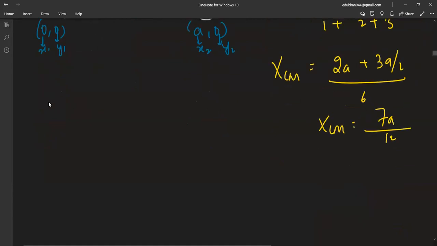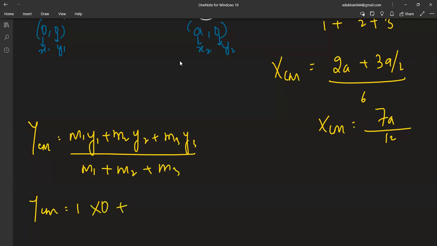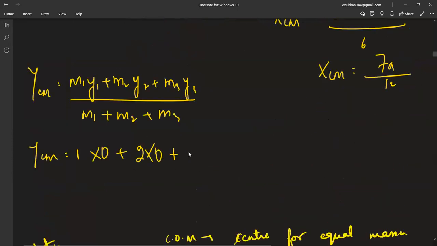Similarly, you will calculate the same thing for y, the center of mass for y. This becomes m1 y1 plus m2 y2 plus m3 y3 divided by m1 plus m2 plus m3. Now substituting all the values. What is m1? m1 is 1 kg. y1 is 0 plus m2 is 2 kg. y2 is also 0 plus m3. m3 is how much? 3 kg.